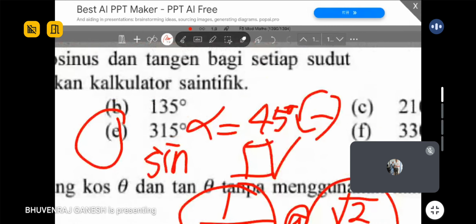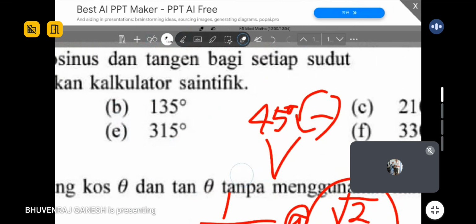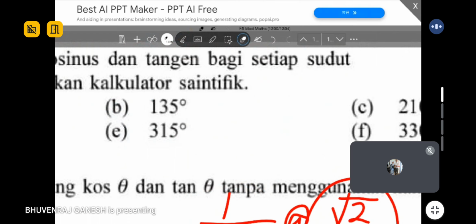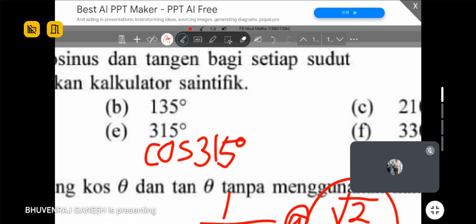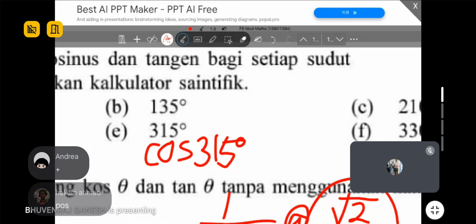Cos 315, guys. Can anyone tell me what is the sign? Positive or negative? Yes. Cos 315. Yes.